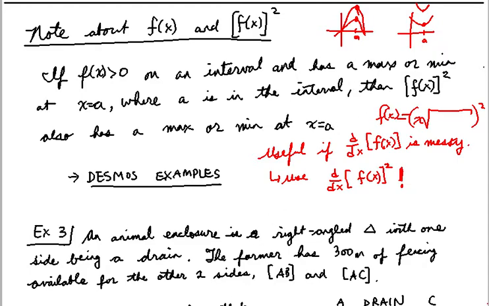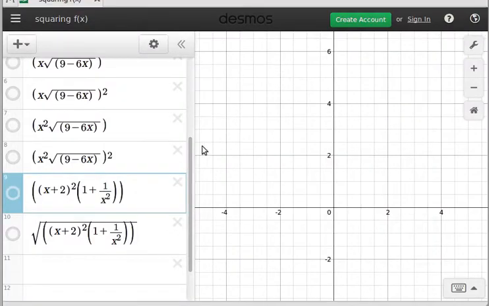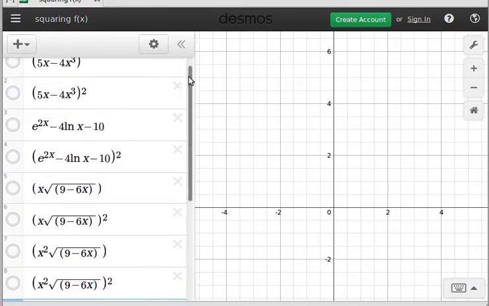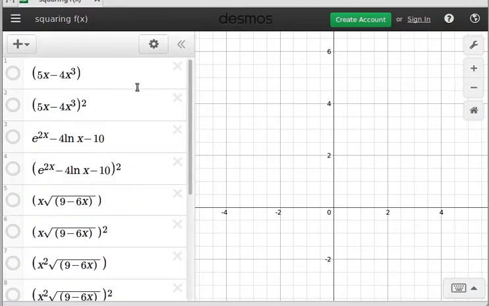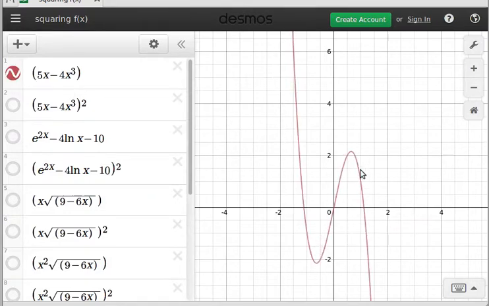Okay, so let's take a look at some examples. I have a list of functions here and their squares. Let's take a look at each of these and see what happens. This function is a cubic, but we're only going to be looking at the positive side, and I'll show you why in a minute.